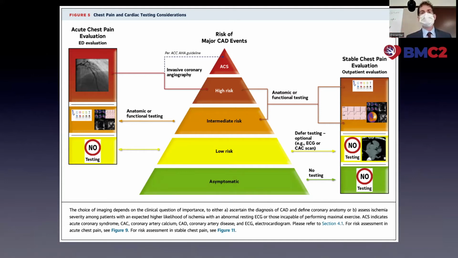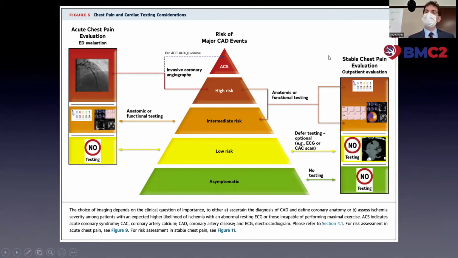But if somebody's high risk or having acute coronary syndrome with acute chest pain, you're probably going to do a cath, an invasive coronary angiogram, and that's typically appropriate for a lot of these patients. Intermediate patients would typically be appropriate for either coronary CT or stress testing, anatomic or functional testing.